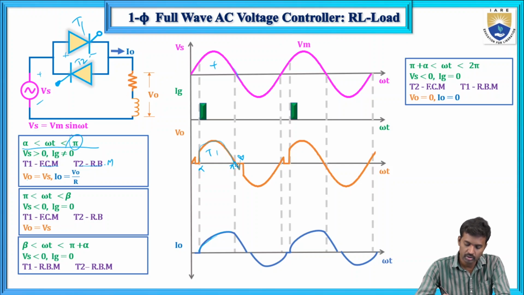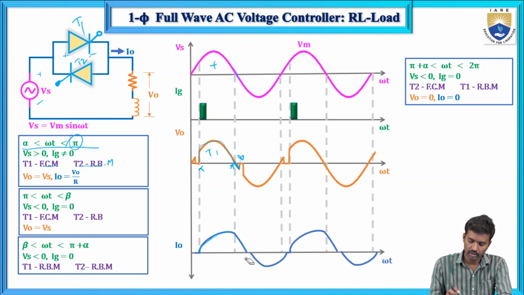Because of the inductance, the thyristor will conduct only up to beta. So the current is decreasing up to beta only. This is the case from alpha to beta.